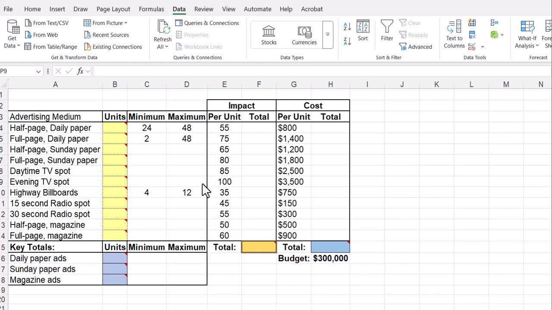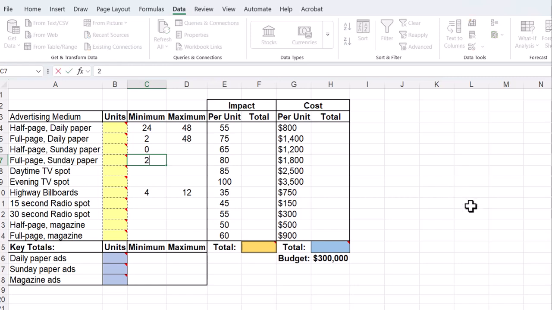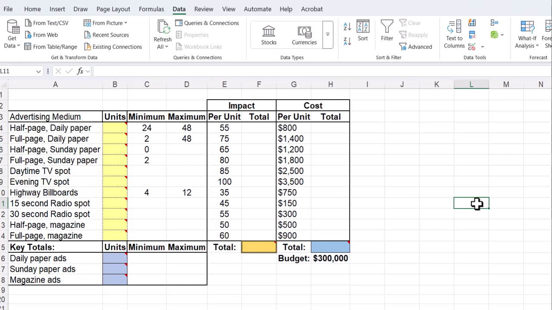So we could have 0 half-page ads, and we know that she wants one Sunday ad in both papers on one Sunday. That gives me a minimum of 2.